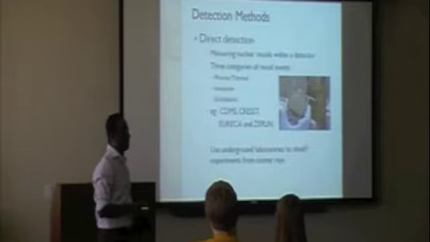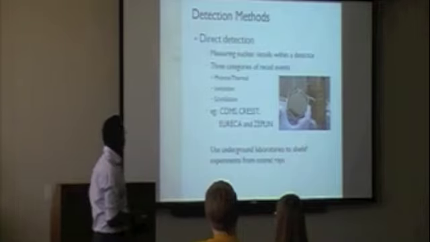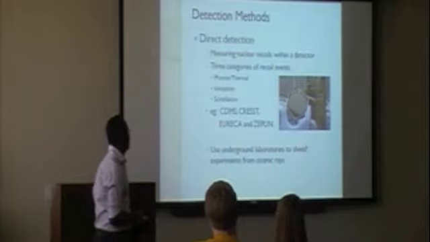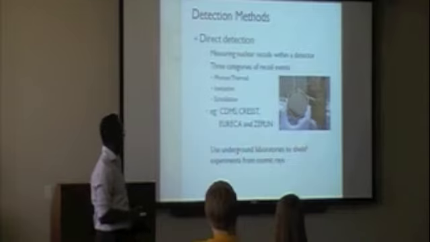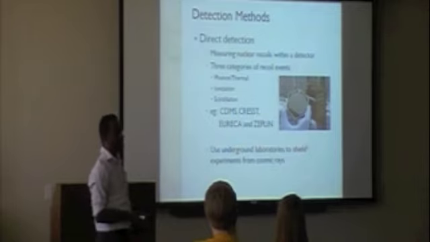There are two main methods to detect dark matter. The first one is the direct detection method, and the second one is indirect detection. In the direct detection method, we use semiconductor detectors. When a dark matter particle hits semiconductor atoms, it deposits sufficient energy to make recoil events.